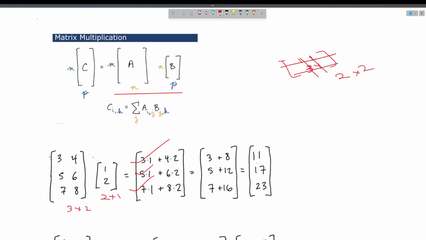Interestingly, the output has 3 rows and 1 column. We were looking for this rule, that these two values should be the same. No issues, it fits in. The remaining two are actually the dimension of the output, 3 and 1.